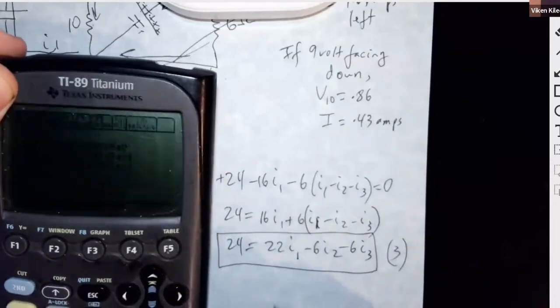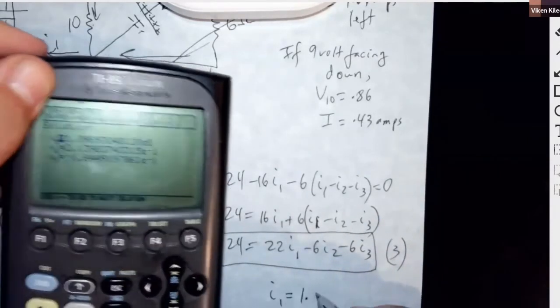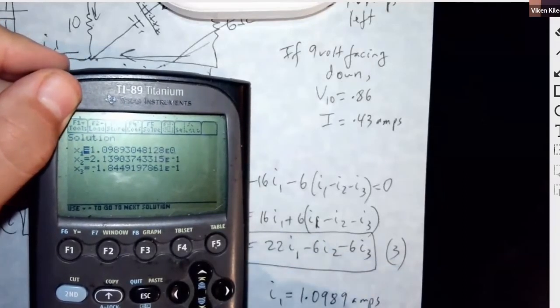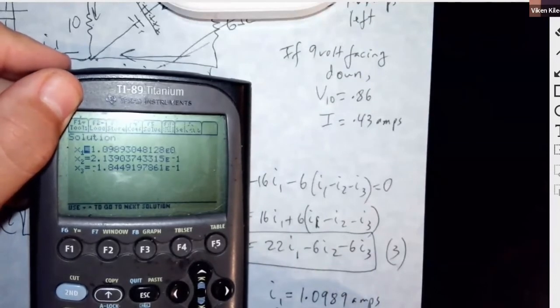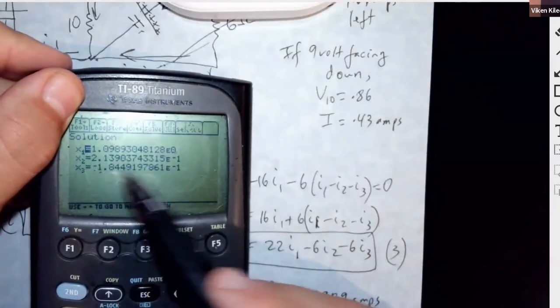Okay, so I1 is equal to 1.0989 amps. I2 is equal to 0.2139 amps. I3 is equal to negative 0.18449 amps. So make a note of all the negatives.